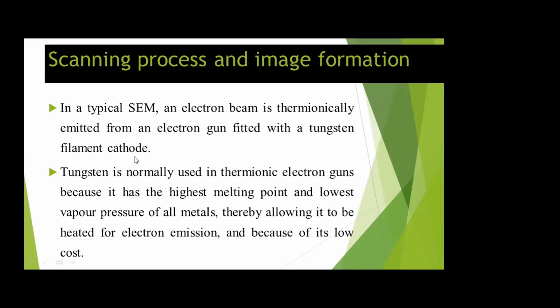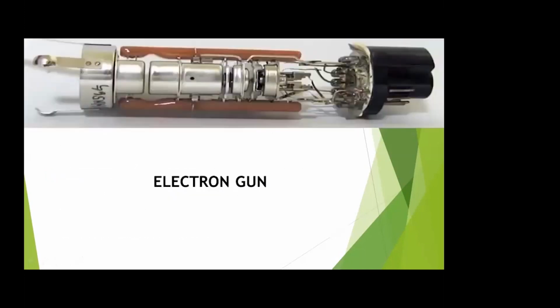At the same time, it also has the lowest vapor pressure of all elements, to be more specific, of all metals, thereby allowing it to be heated for electron emission. At the same time, it's also cheaper because tungsten is a very common filament that is used in electric bulbs. This is how an electron gun looks, which contains a tungsten filament in it.